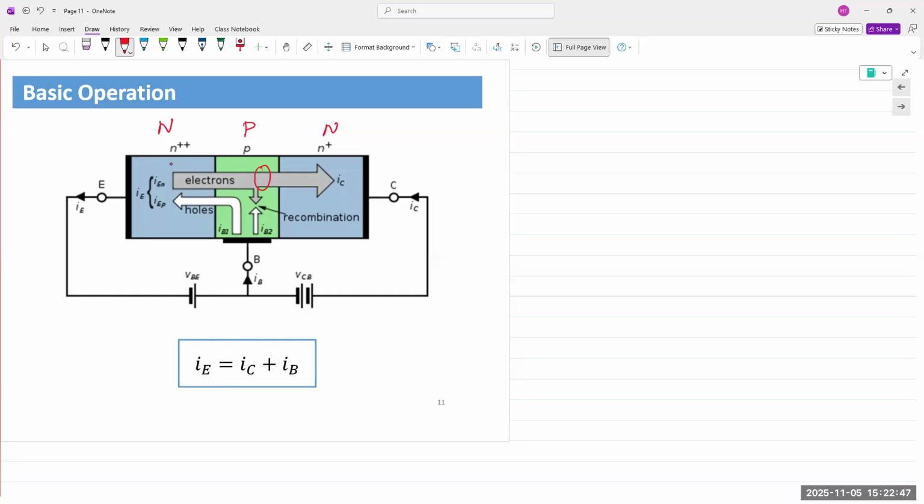Now, because the electrons and holes recombine, and there are holes that are going over here, a small number of holes will cross over, right? It's a forward bias junction. But because the number of holes is less, the base current is going to be very, very small. There's just not enough free charge carriers. So IB is typically very small.